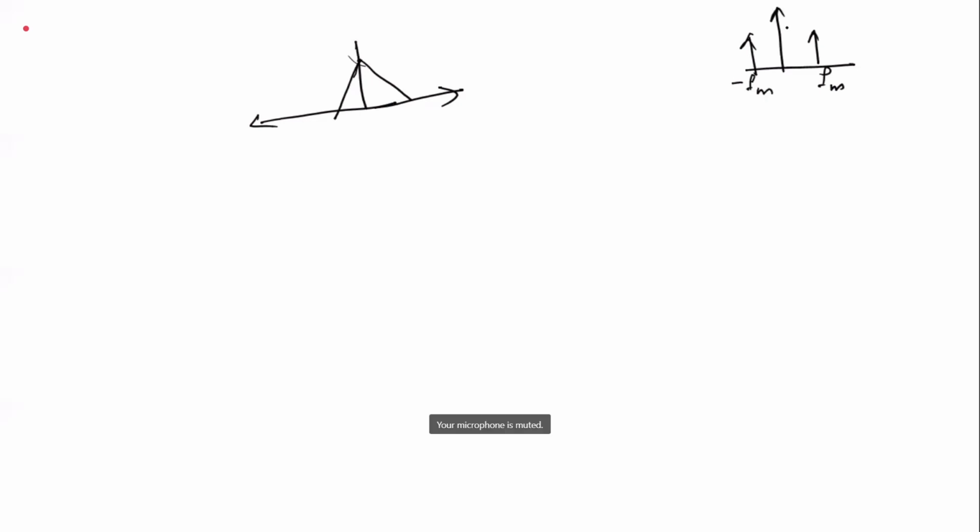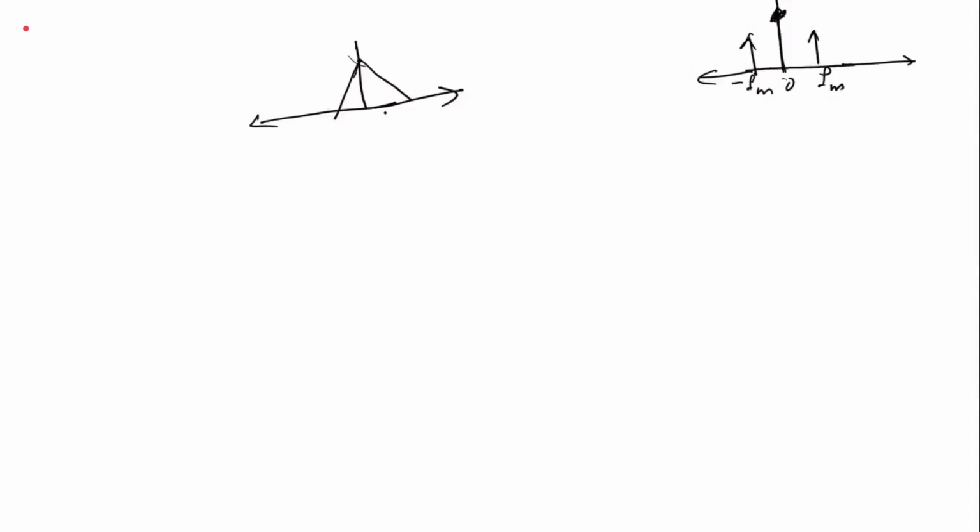Suppose the spectrum for the message signal is like this. Earlier I told you my message signal had a spectrum like this, at FM and at minus FM, with 0 at the axis and nothing there.